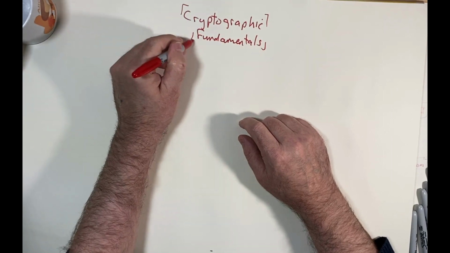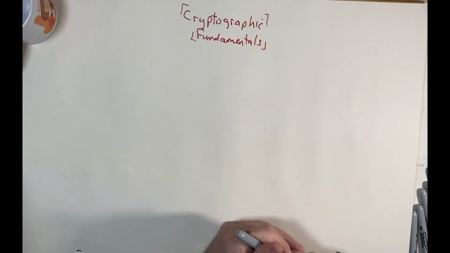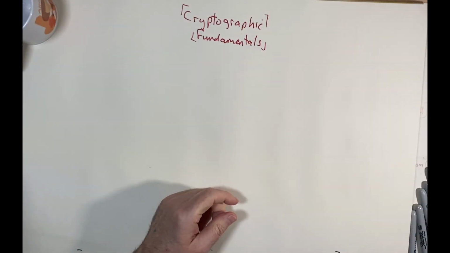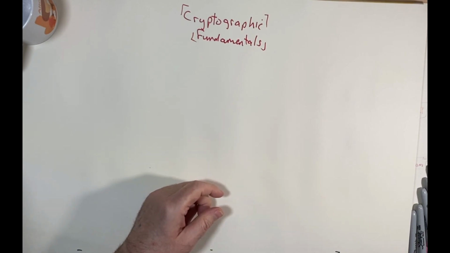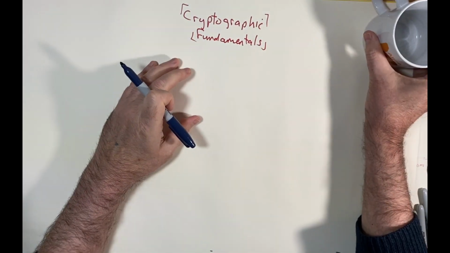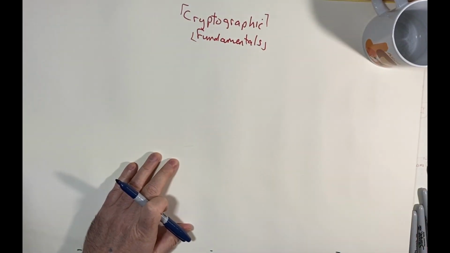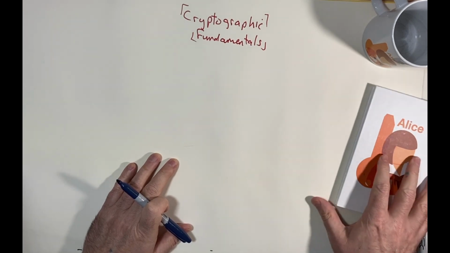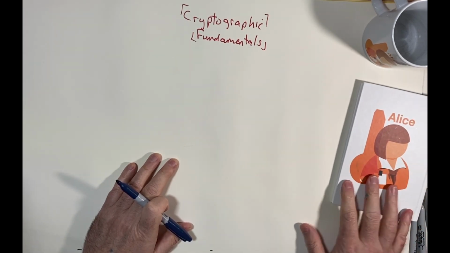And before we do that, we've probably got to touch base with some of the important people who have been involved in laying down the foundations of our encrypted world.